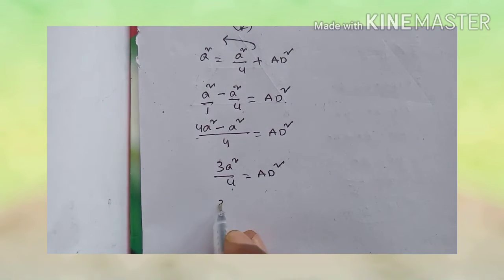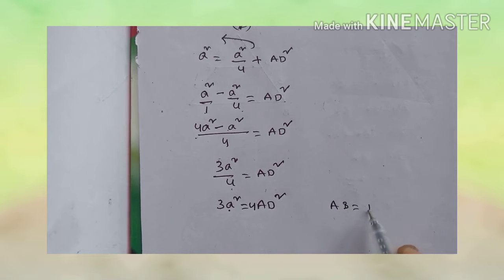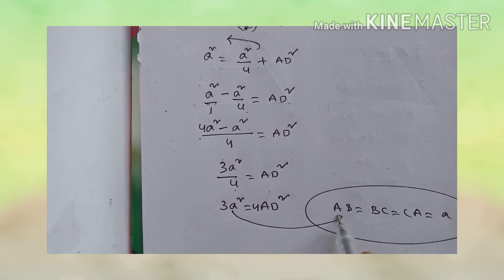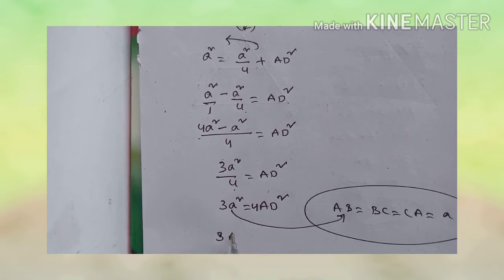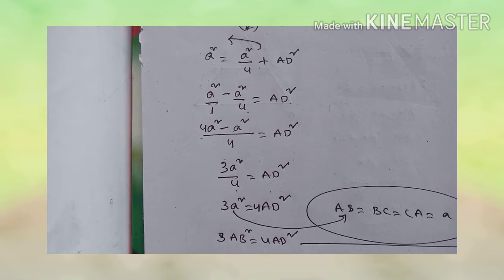By transposing, 3 into a square is equal to 4 AD square. Here you can use any side, AB is equal to BC is equal to CA. We have taken A, so in place of A you can write AB. So 3 into AB square is equal to 4 into AD square. So option B is correct.